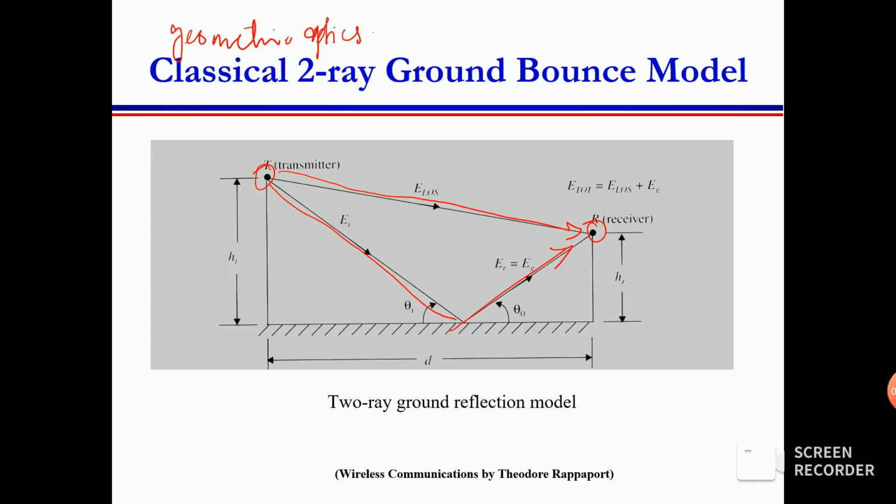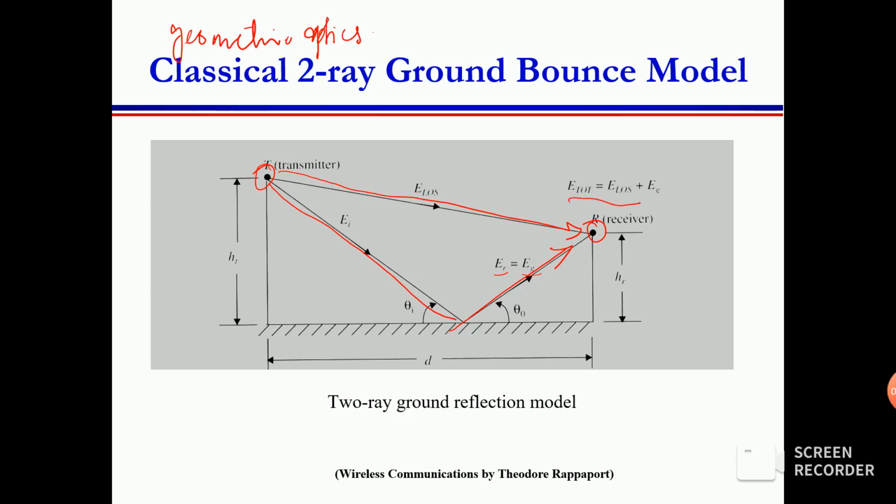The electric field for a line of sight signal is ELOS, and for the ground reflected it is also called ER or EG. It consists of both waves overlapping at the receiver. One is the direct path and the other is the reflected wave from the ground.